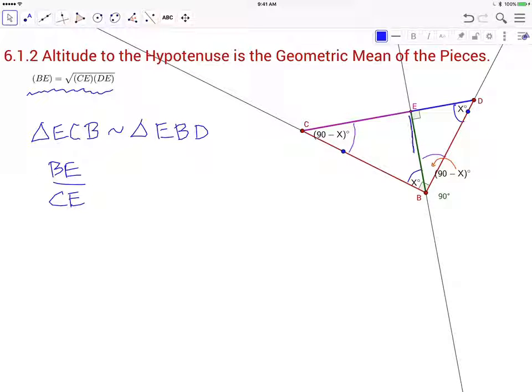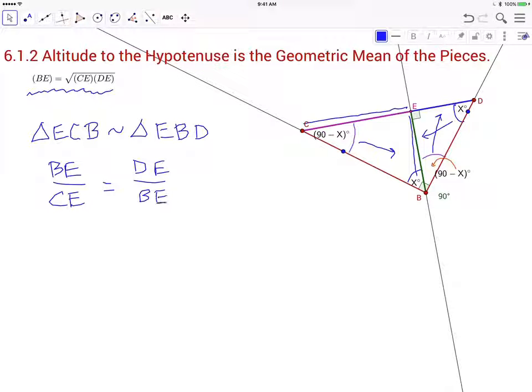BE, right, relates to CE the same way that, now again, we started with the side opposite the 90 minus X, so we're going to do that the same over here. The 90 minus X opposite side is DE. And then the side opposite the X is BE.